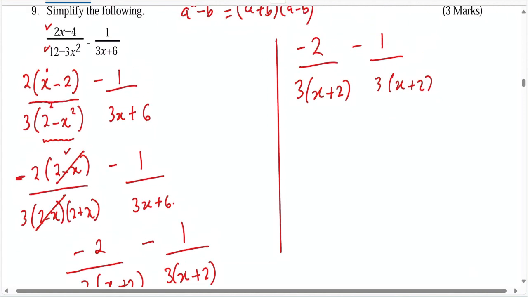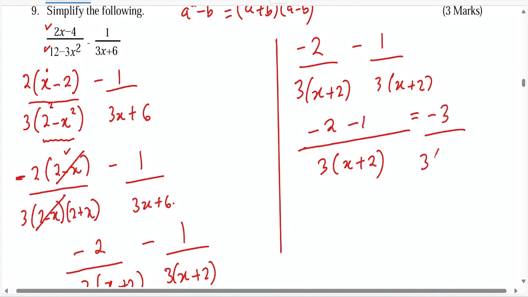Okay, so since zote ziko na common denominators, basically itakuwa common denominator, sio? So basically ni kama tu kusema minus 2 minus 1, which is just minus 3 all over 3 into bracket x plus 2. Waweza simplify, divide by 3 1, divide by 3 negative 1.